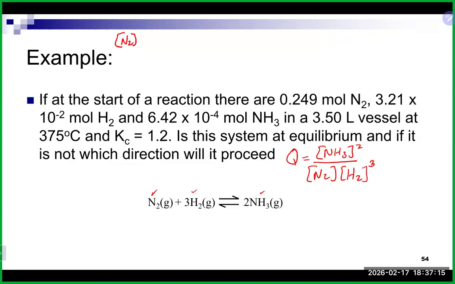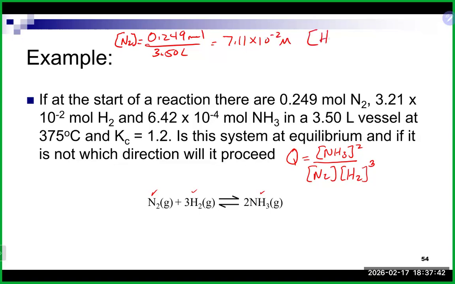So N2 would be the moles, 0.249, divided by the volume here, 3.5 liters. And that's going to get us 0.249 divided by 3.5. Looks like we'll call it 7.11 times 10 to the minus 2 molar.